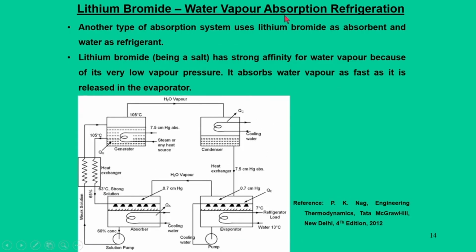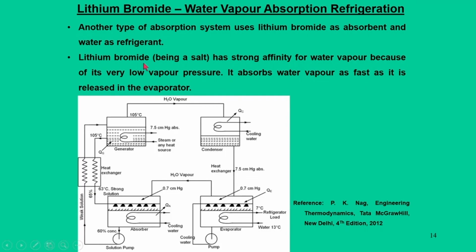The other version of the vapor absorption unit is the lithium bromide water system. Here the important aspect is that water is used as the refrigerant. Lithium bromide is nothing but a salt, in solid form, but we can prepare a solution when it mixes with water.